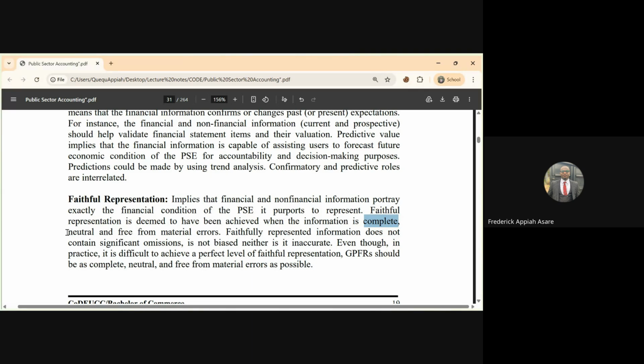The information has to be neutral, no bias. Then the information has to be free from material error. So these are the three bases that fall under faithful representation: complete, neutral, and free from material errors.